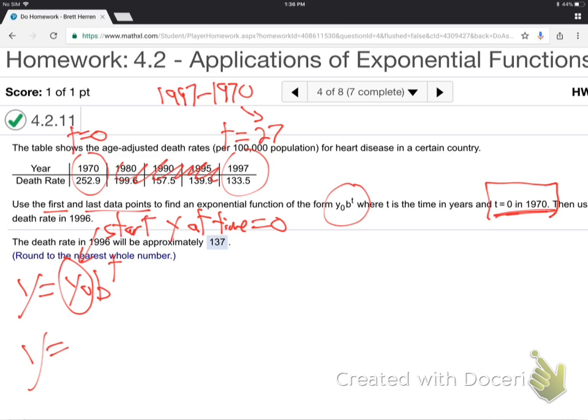So what is the Y on this? It's death rate. We're talking about death rate. These are the T's, and these are the Y's in the table. Does that make sense what I'm saying? So at time 0, what's the Y? 252.9.